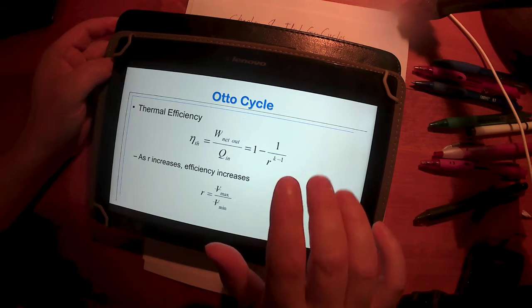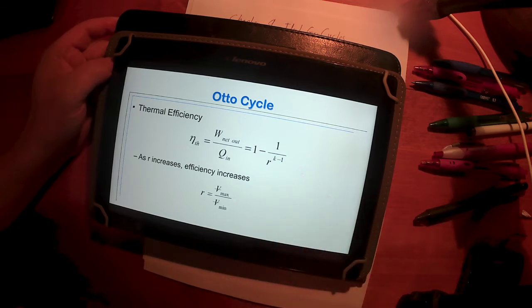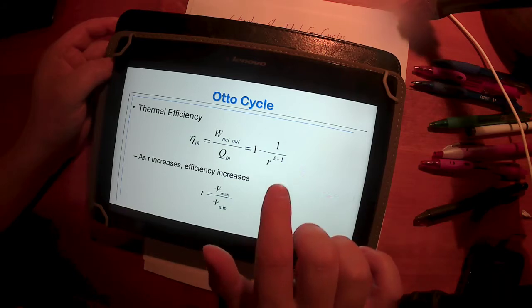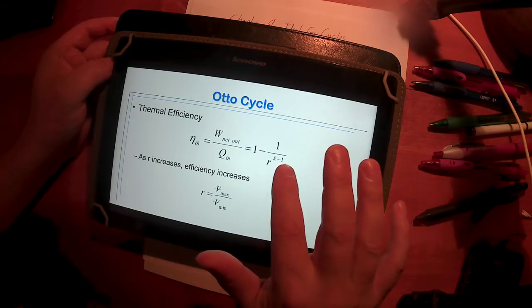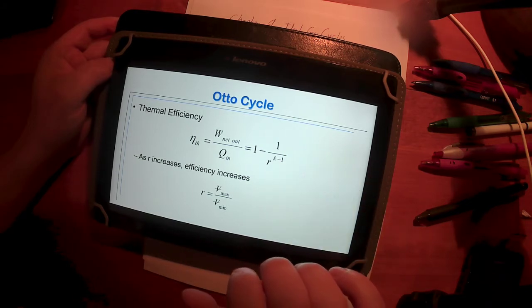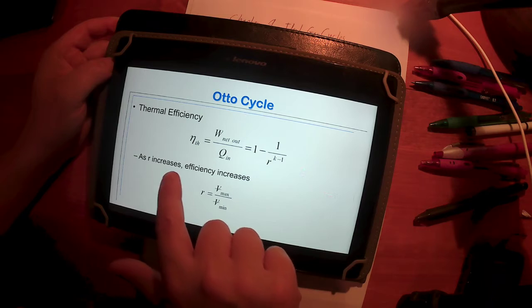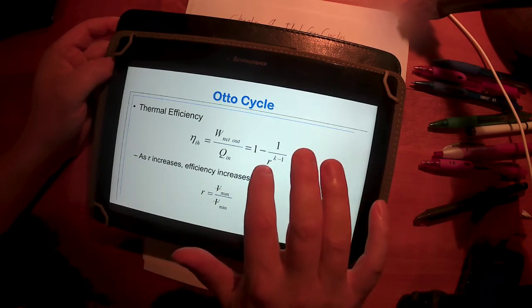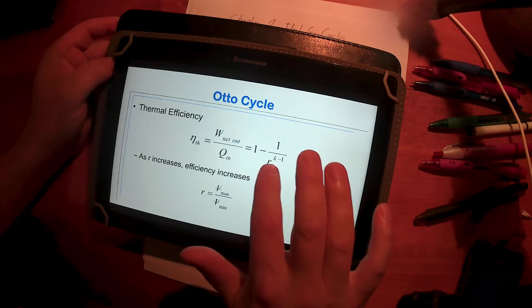So the only thing that's going to determine the maximum efficiency for this cycle is going to be this K value, the specific heat ratio, which is a function of the gas, and the compression ratio. And notice what happens. As we increase the R value, I get a larger quantity here in this denominator.